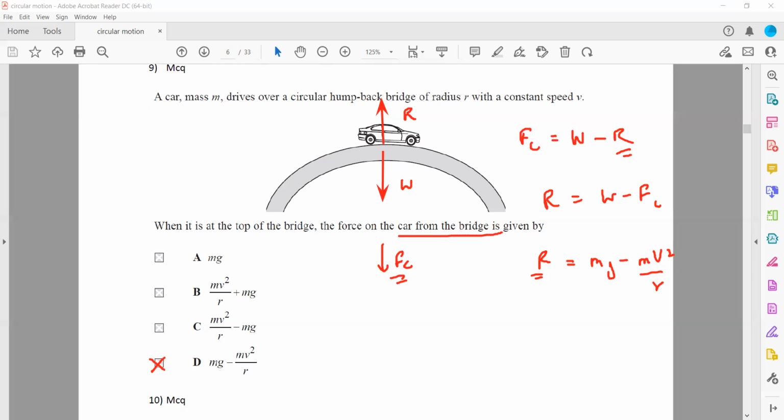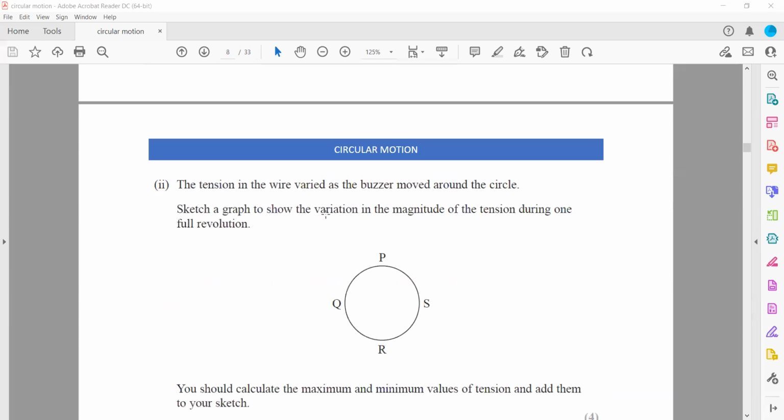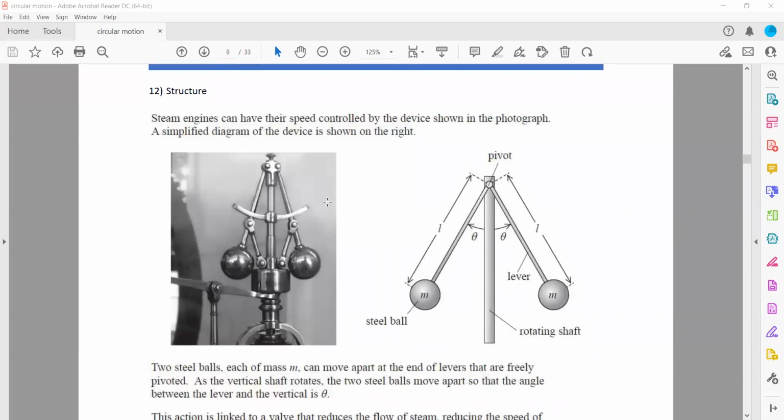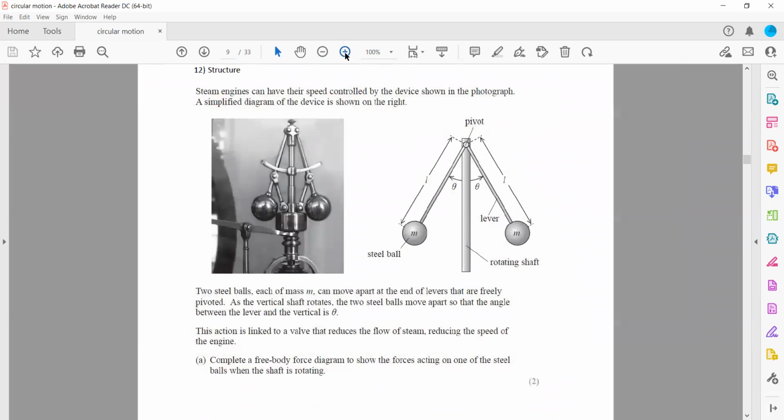The next question is question 12. The steam engine can have its speed controlled by a device as shown in the photograph.